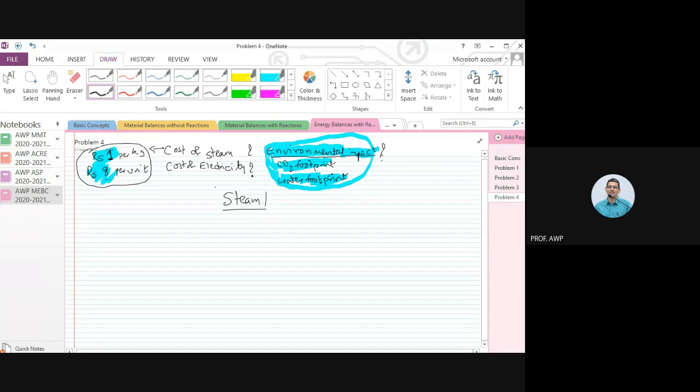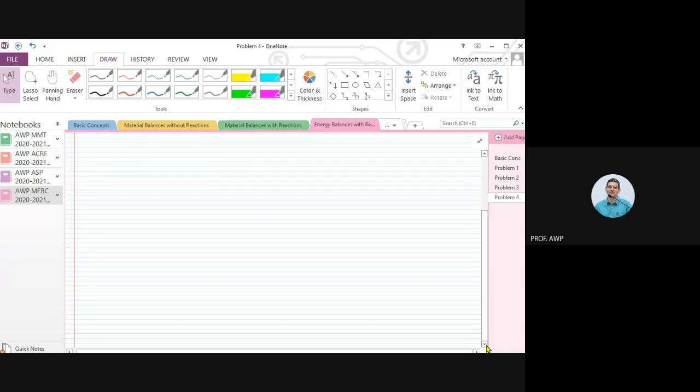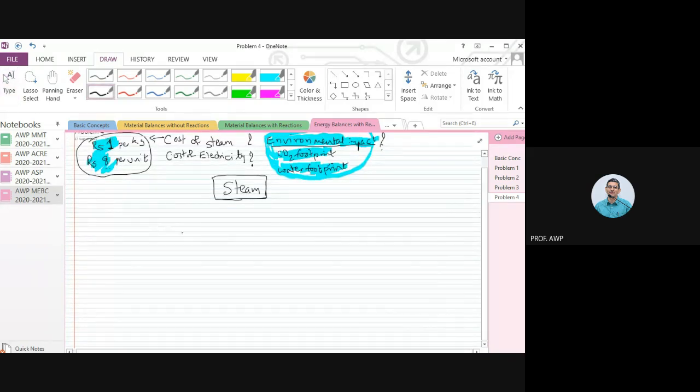Okay, so how do I generate steam? I need to have a heating medium, so I need to have a heat source. So maybe there is a heat exchanger. I will supply saturated water at 130 degrees centigrade, high temperature and high pressure, and I will get some kind of saturated steam coming out of it at 130 degrees centigrade.